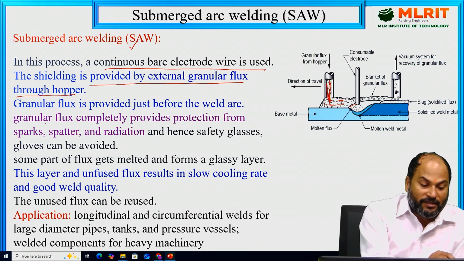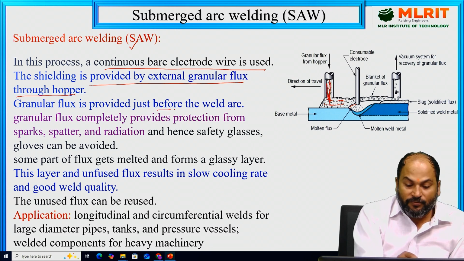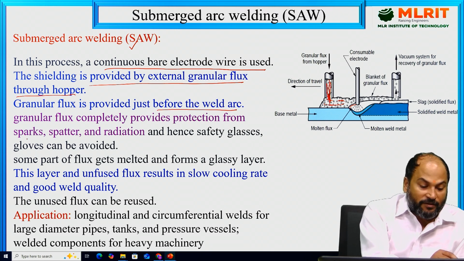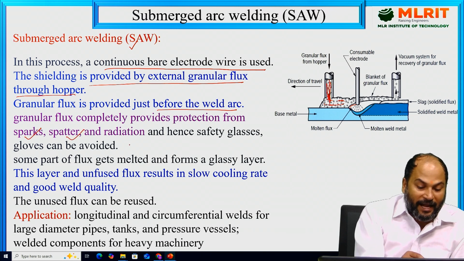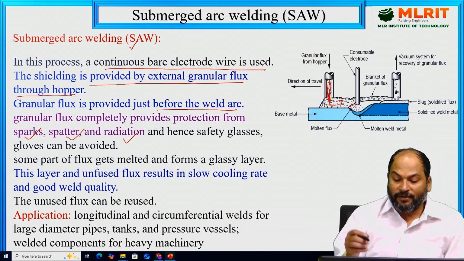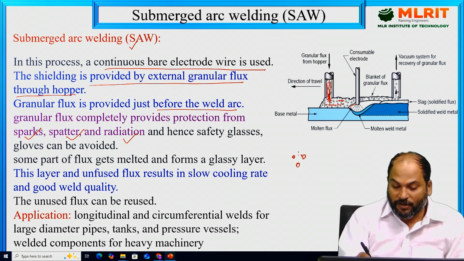We have already seen this one. Flux just before the arc weld. Yes, we have seen it. Flux completely provides protection from the sparks, spatter, and radiation. It is just like a blind welding. Blind welding means the flux will be like this, completely shielding the area where we are doing the welding.